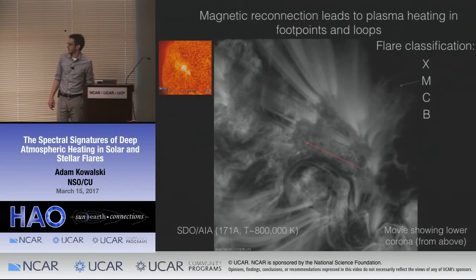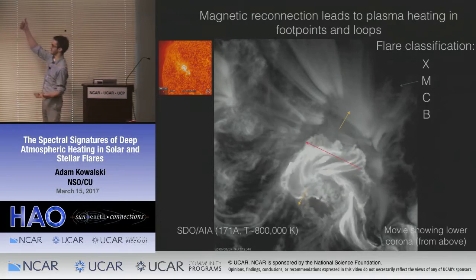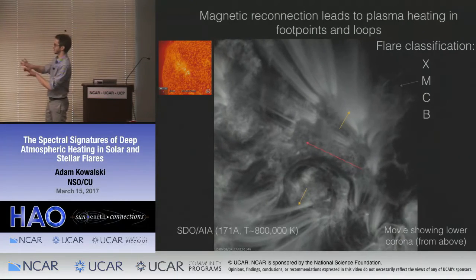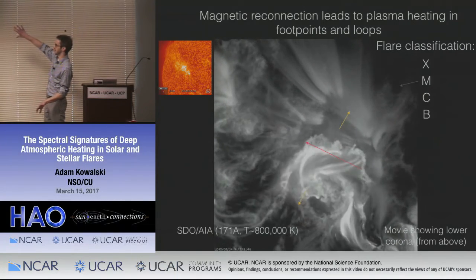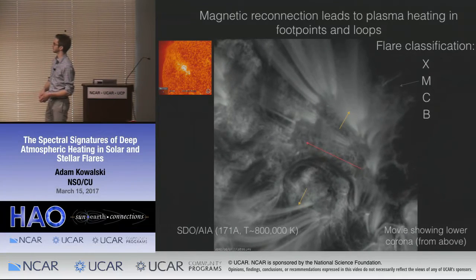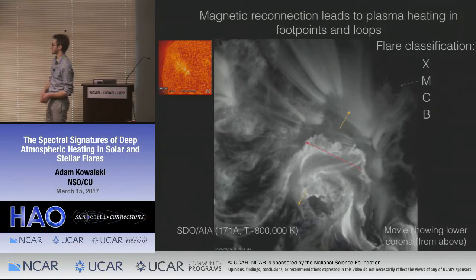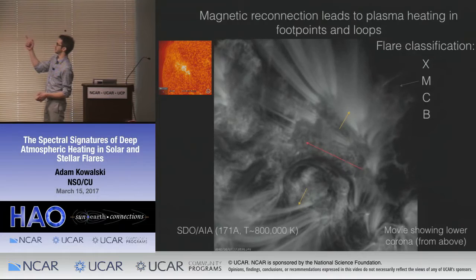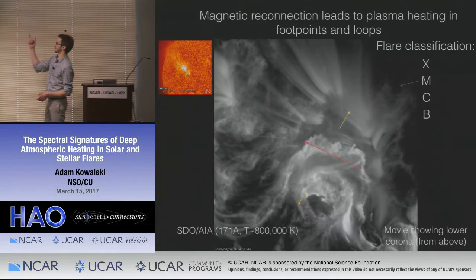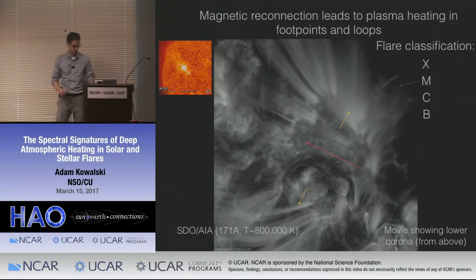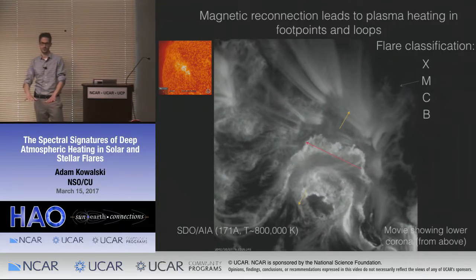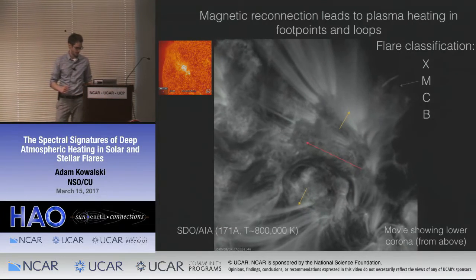That's early in the flare, and then there's motion separating from each other. So the footpoints or the ribbons separate from each other later in the flare just as the loops start to light up. So this is terminology I'll be using: footpoints, primary footpoints and loops. The footpoints come from deeper in the atmosphere and the loops from higher.